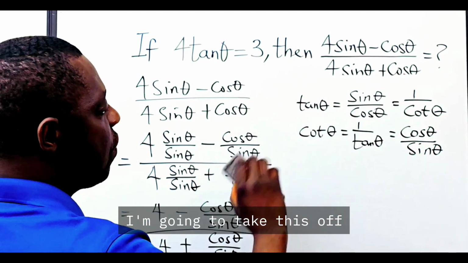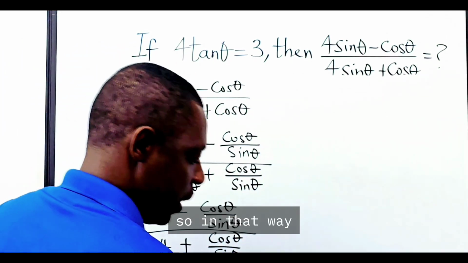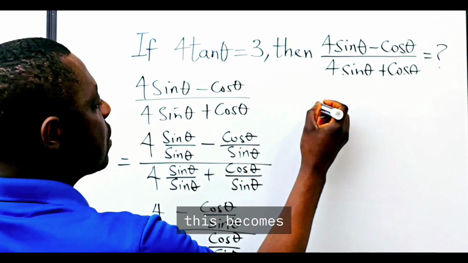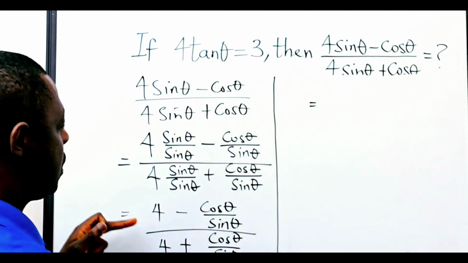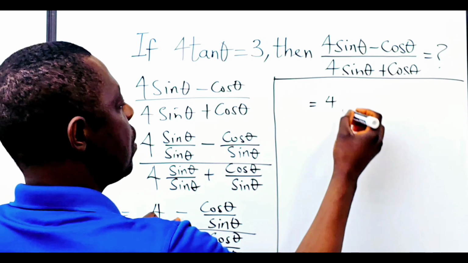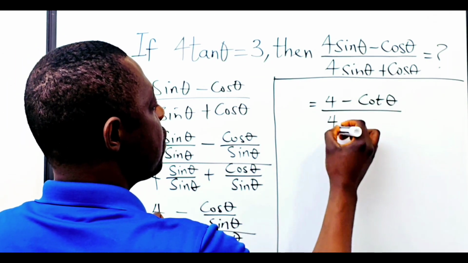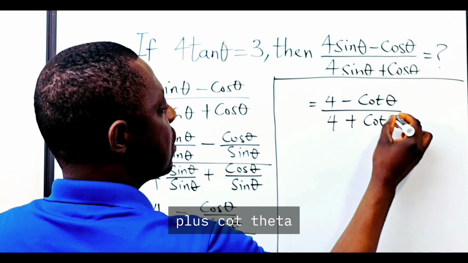So in that way, this becomes 4 minus cot theta divided by 4 plus cot theta.